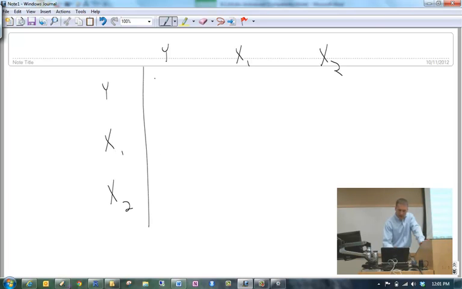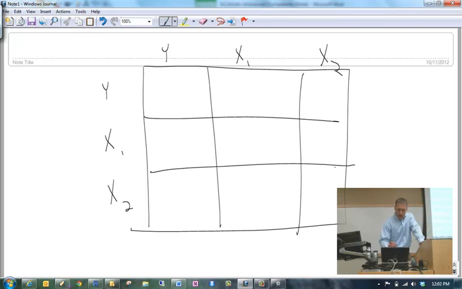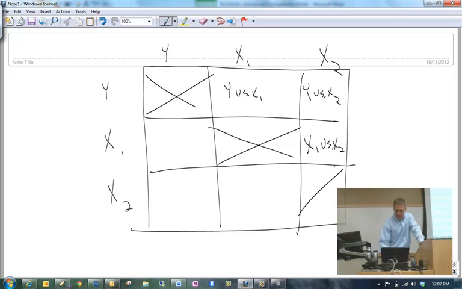And then basically what we have is just a 3x3 grid of plots, where inside the grid we have simple scatter plots, y versus x1, y versus x2, x1 versus x2, and typically you won't have anything on the diagonal, and then just kind of the reverse, x1 versus y, scatter plots.